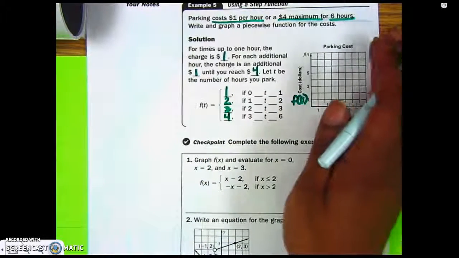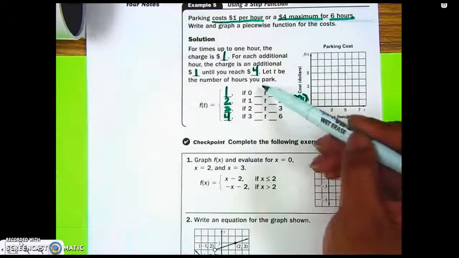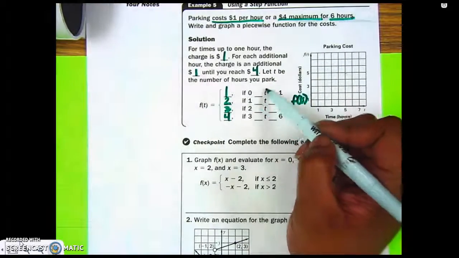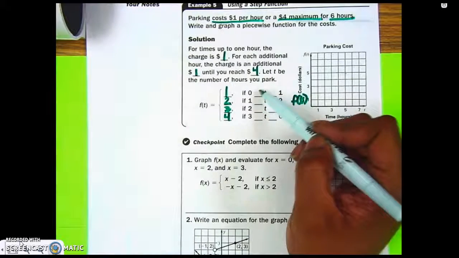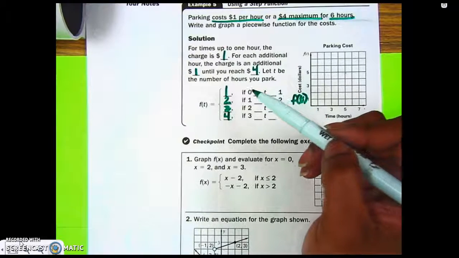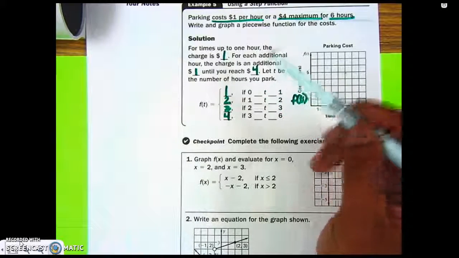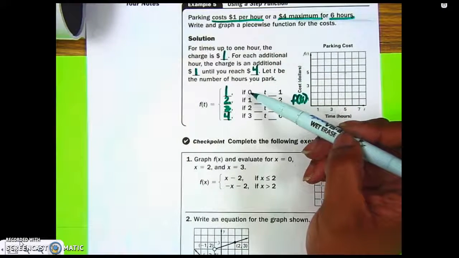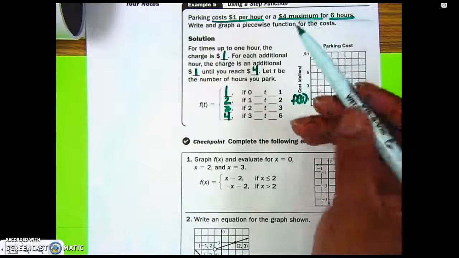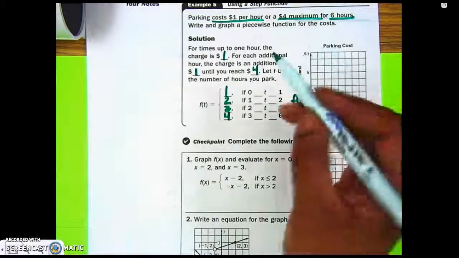All right, so now let's fill in our domain. When we fill in the less than or greater than sign here, we have to keep in mind what we're talking about. We're talking about a parking garage. If the domain is 0, that means you haven't parked yet. You're not in the parking garage. So 0 is not included in the domain, but numbers greater than 0 would be.